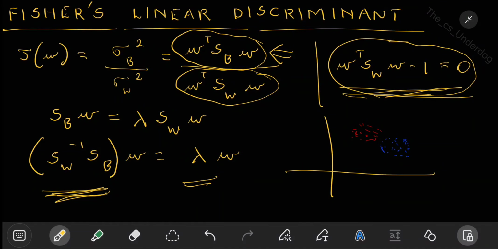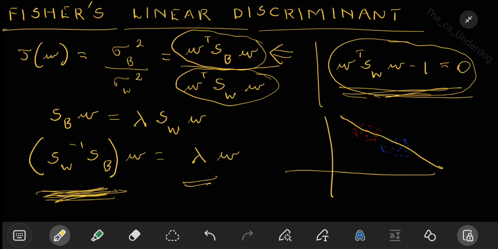You found between class scatter and within class scatter, and from that you found SW inverse SB. From that matrix you find the eigenvalues, and corresponding to the largest of those eigenvalues, find the eigenvector. That eigenvector will be this vector, which gives you the maximum between class scatter and minimum within class scatter. This is the axis to which you want to project all the points.